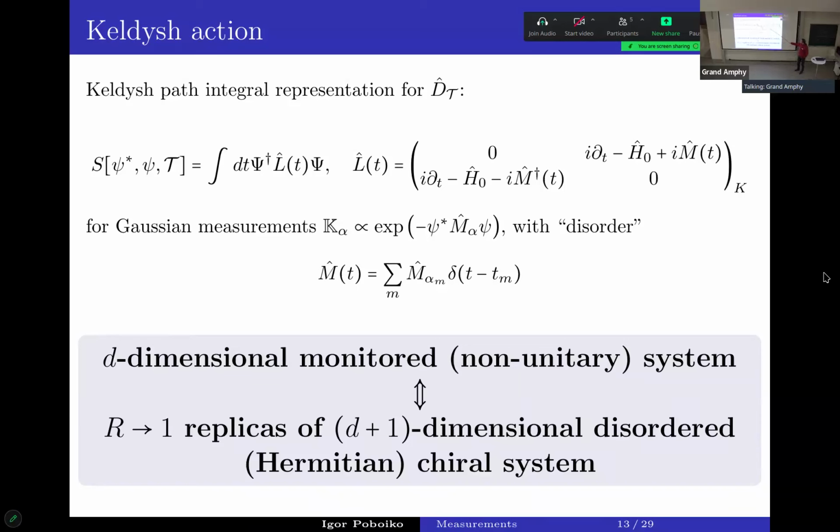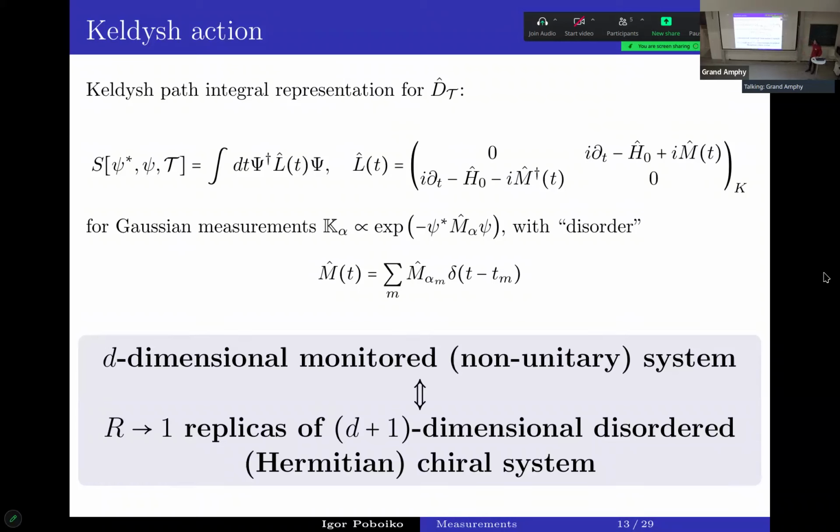So you double the system, you introduce this plus and minus Keldysh space, and in this setup you have a Hermitian system, which is chiral manifestly due to this Keldysh structure, and it's random. So then you can map it. This is the mapping that we said, and these kinds of random chiral systems can be conveniently described in terms of nonlinear sigma models, just like an Anderson insulator. Except the only difference is this unusual, nontrivial replica limit that we have in this problem.